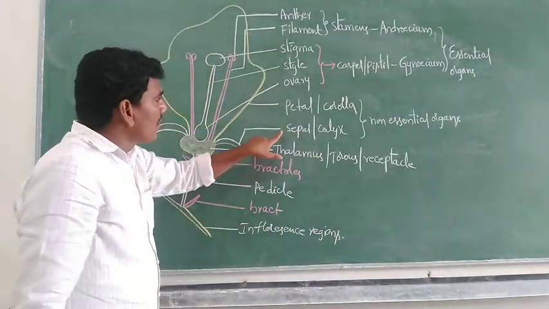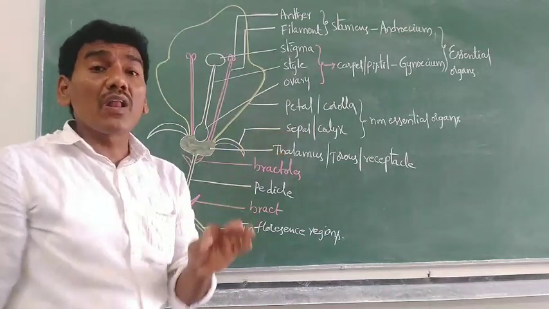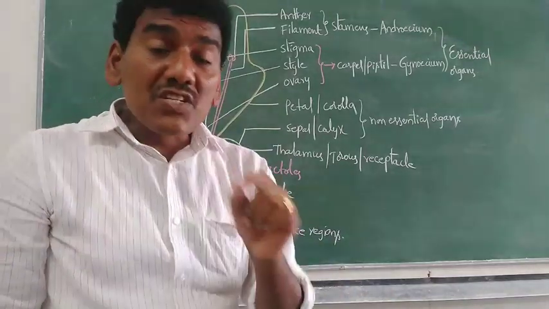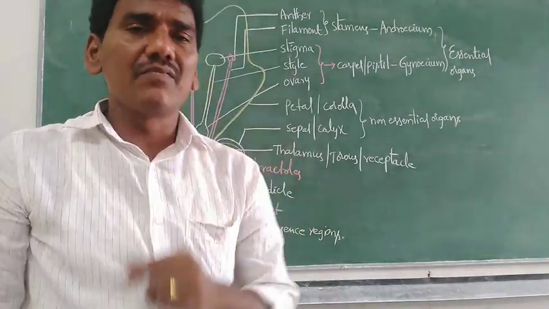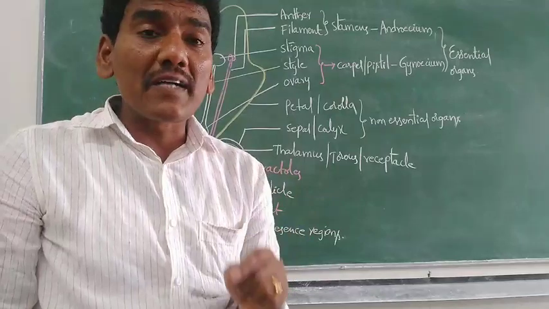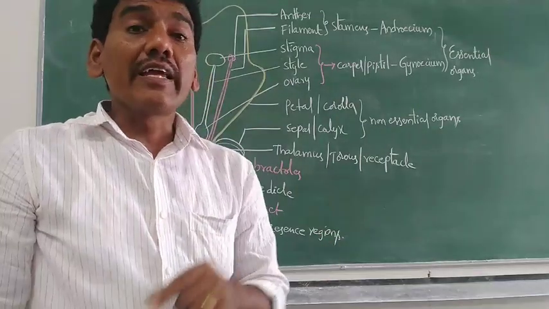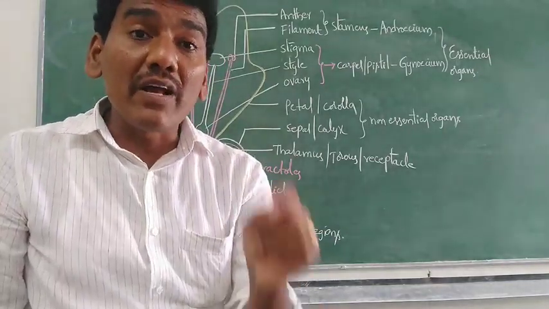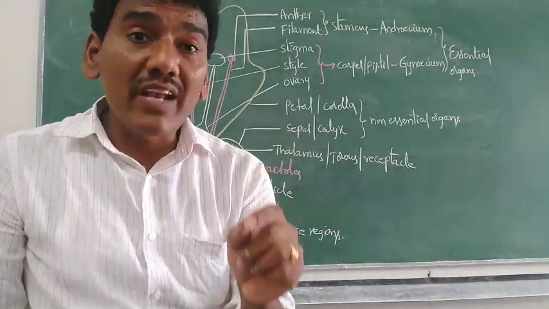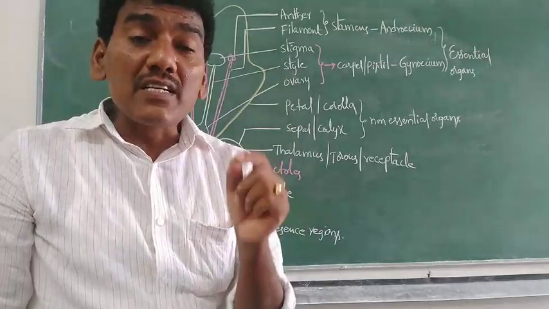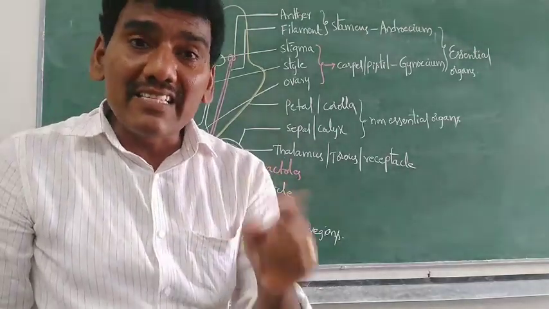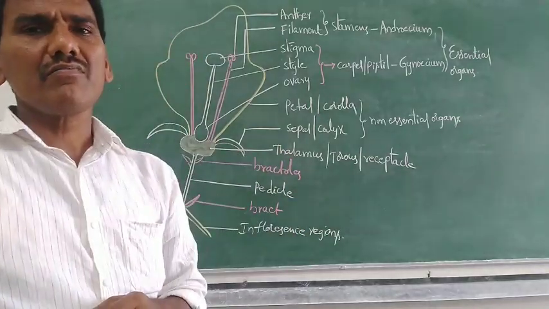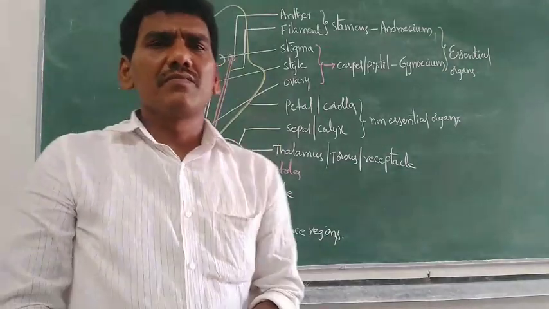First of all, sepal. The first whorl of the flower is called calyx. What are the main important functions of the calyx? Calyx is helpful for protection of the flower in bud condition, and due to the presence of chlorophyll, calyx is helpful for photosynthesis. One more important point.